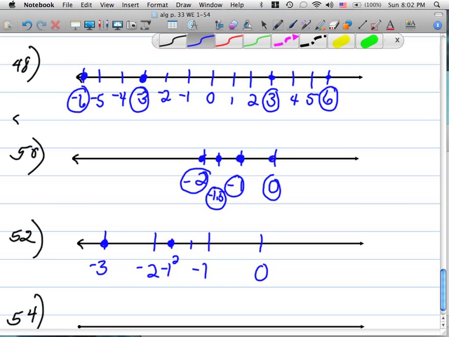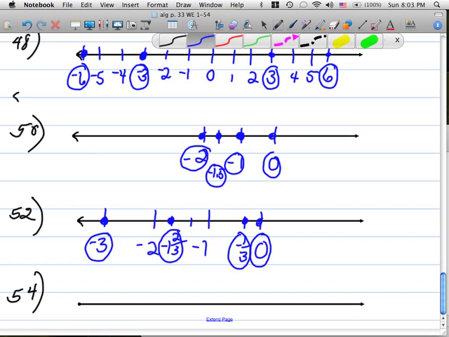So that's a negative 1 and 2/3. Then we have negative 1/3, 1/3 to the left of 0. And we have 0. So circle the numbers. Negative 3 is the least, then negative 1 and 2/3, negative 1/3, and 0.